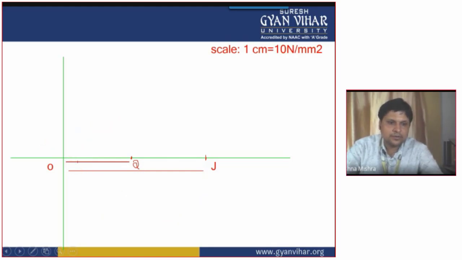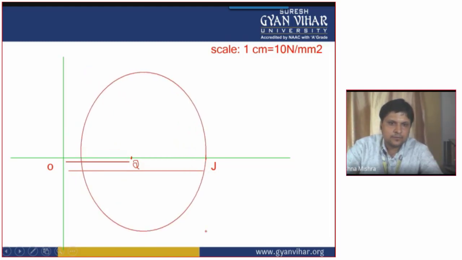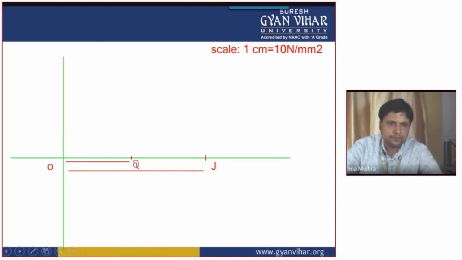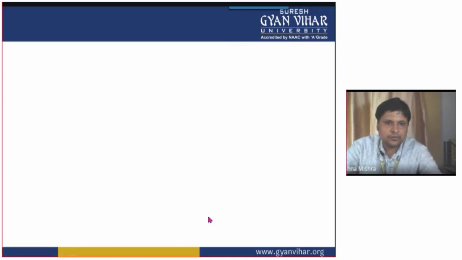Let me draw the circle. No, not like this. Exactly, it should come here. From this point we need, no? So from this point, how you will make it? Let me draw. It is not coming exactly.